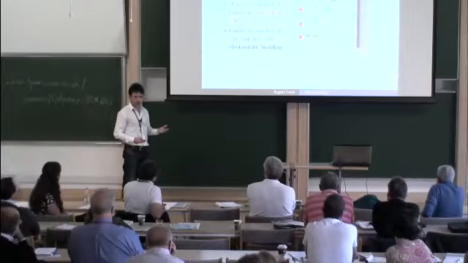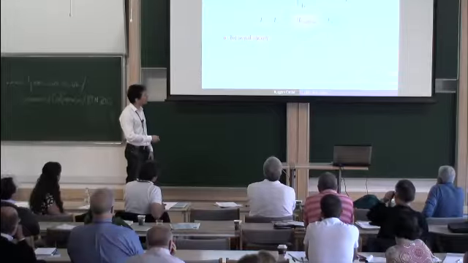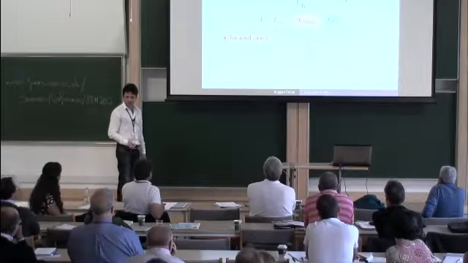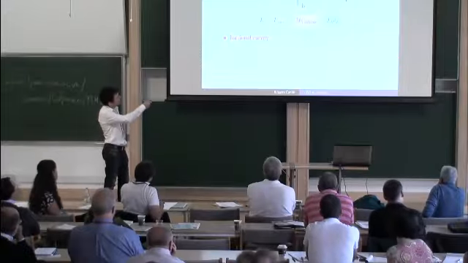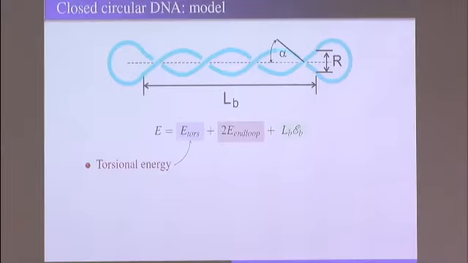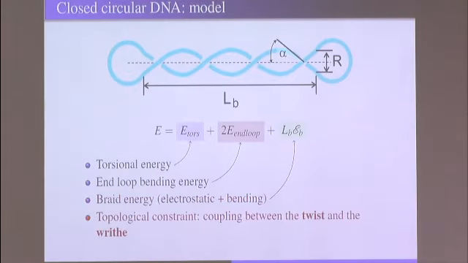The next thing was actually to apply the theory of braiding to the case of closed circular DNA. And so we built a very, very simple model of closed loop DNA in which we take the braid that we used before, and we essentially add the two loops at the end, and take into account the torsional energy, and then the end loop bending energy, and then the energy of the braid, and then the topological constraint which arises from closure of the DNA molecules.